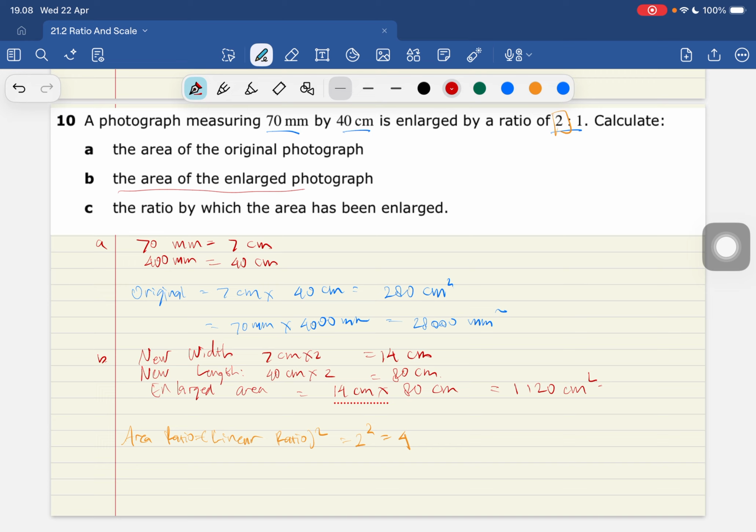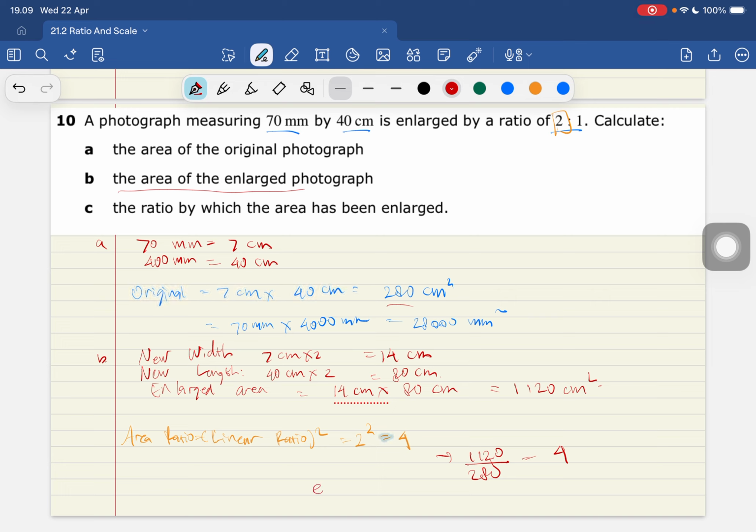Or I will give you another way, by calculating the areas. So we got this enlarged area, which is 1120 centimeter square, and we can divide by 280 centimeter square. So 1120 divided by 280 is 4.